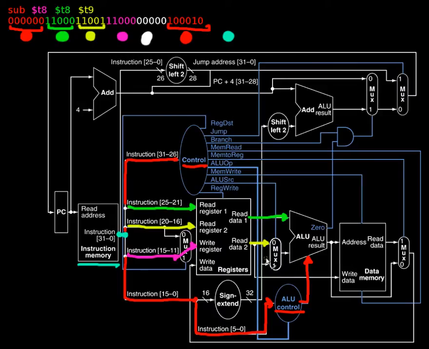Now, if we're doing a different instruction, perhaps a subtract immediate instruction, then our data might actually come from the last 15 bits. That's why we need this MUX here, the MUX for ALU source, to determine whether we get our second ALU input from read data 2 or from the last 15 bits.